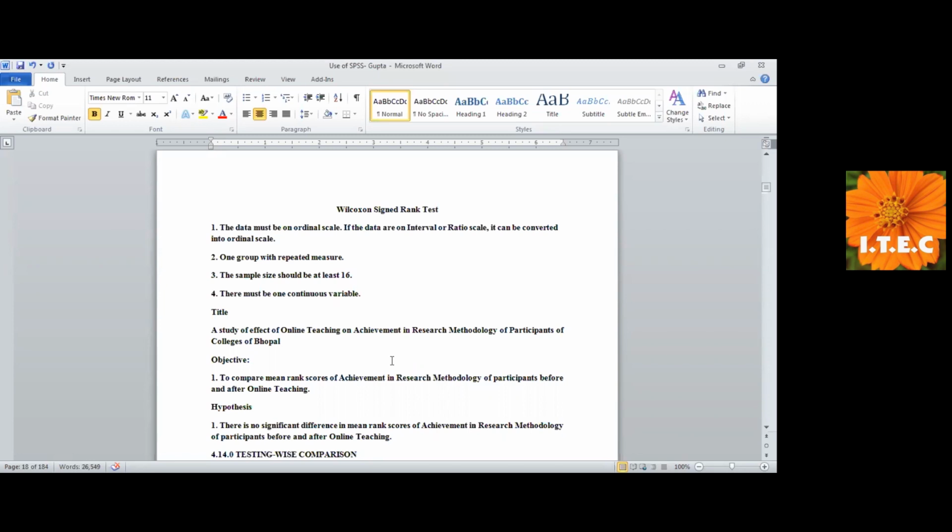If that particular statistical technique cannot be used, then it is up to you whether you want to use the Wilcoxon signed rank test or you can use the sign test.